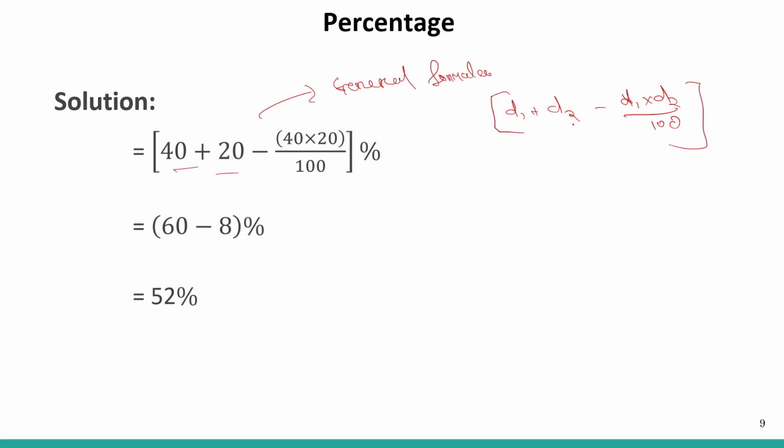This much percent will be the required net discount, of the MRP, or cost price. So 52 is the correct answer here.